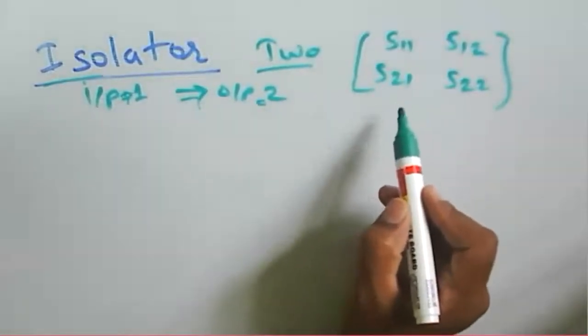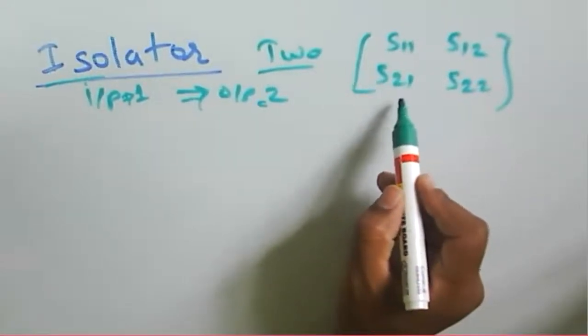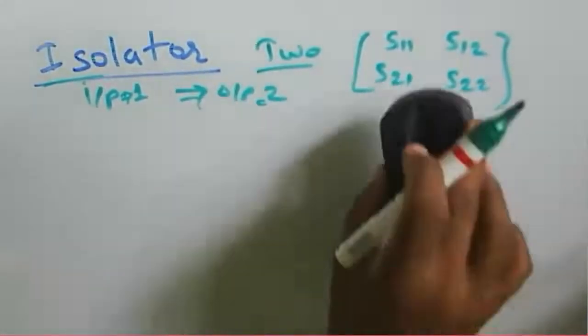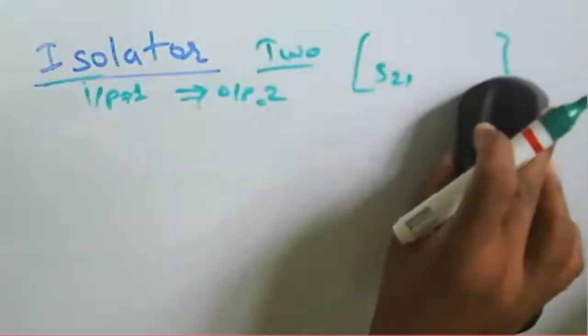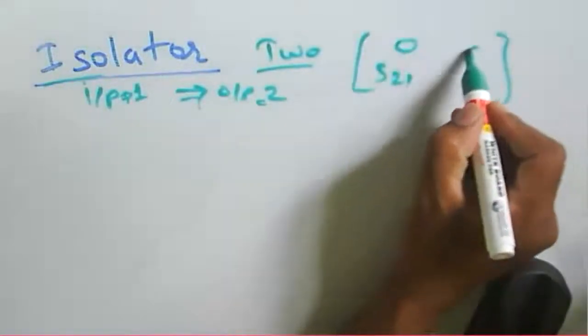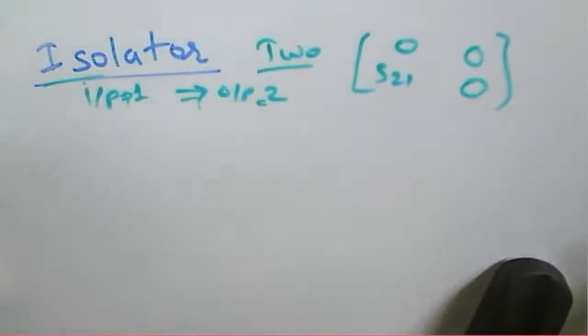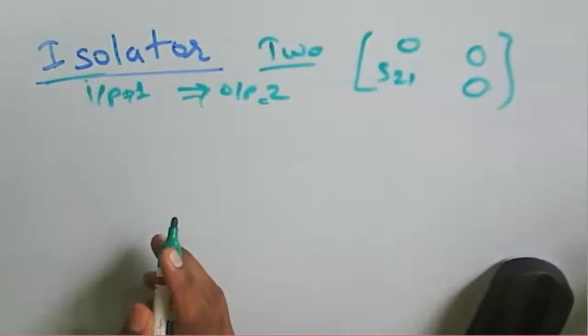So in that case, what can we write here? The isolator S matrix becomes 0, 0, and 0 in the other entries. That is the isolator scattering matrix.